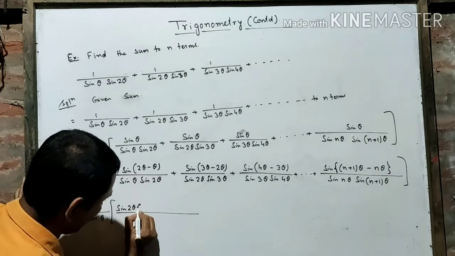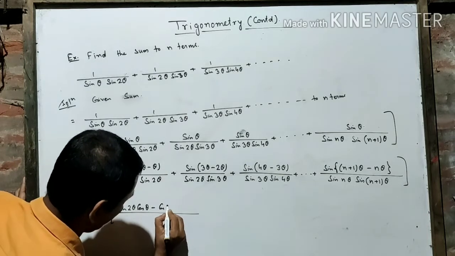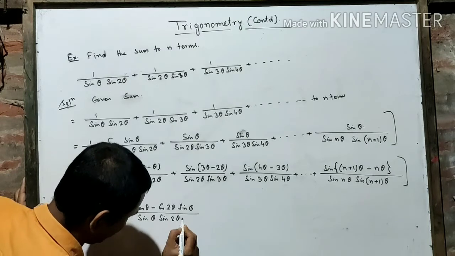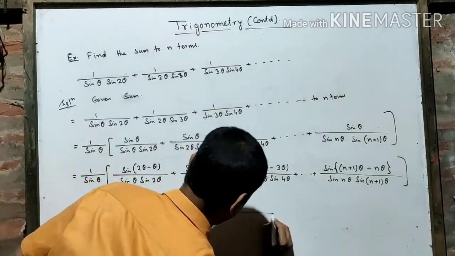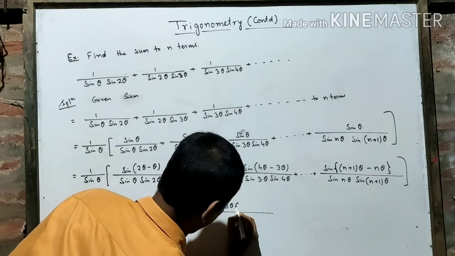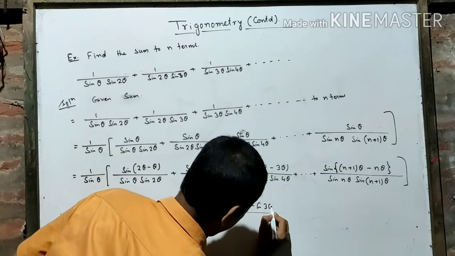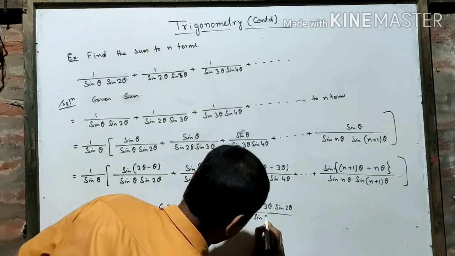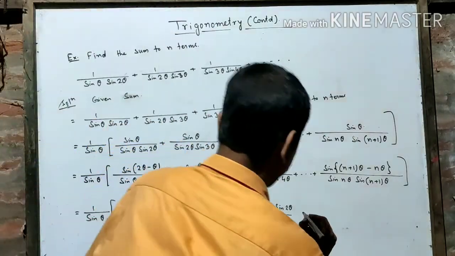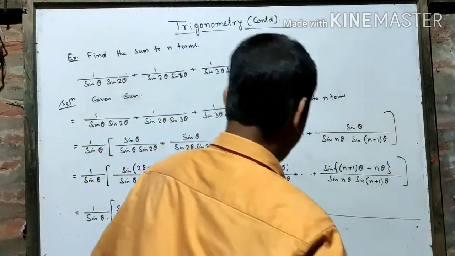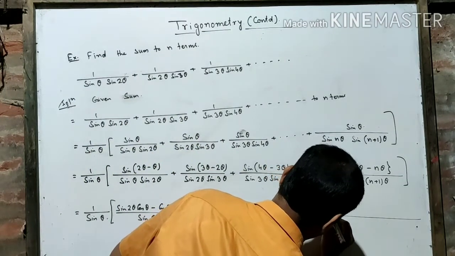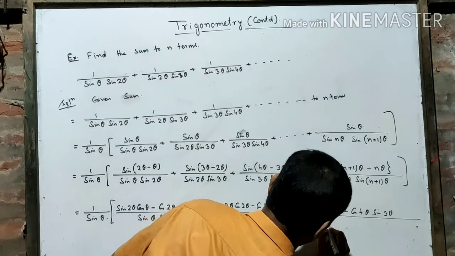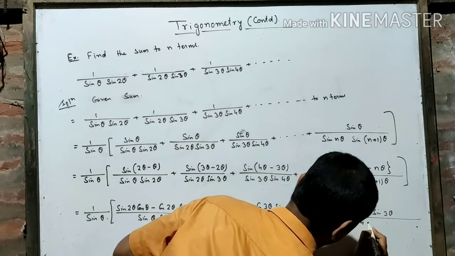So sine a cos b minus cos a sine b divided by sine theta into sine 2 theta, plus, again sine a cos b minus cos a sine b divided by sine 2 theta into sine 3 theta, plus sine 4 theta cos 3 theta minus cos 4 theta sine 3 theta divided by sine 3 theta into sine 4 theta.